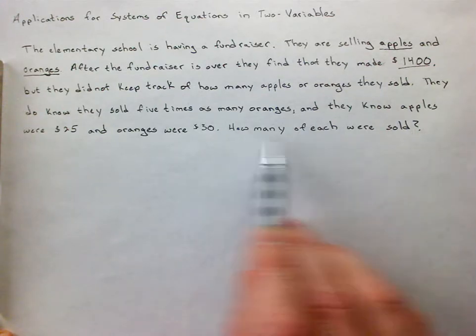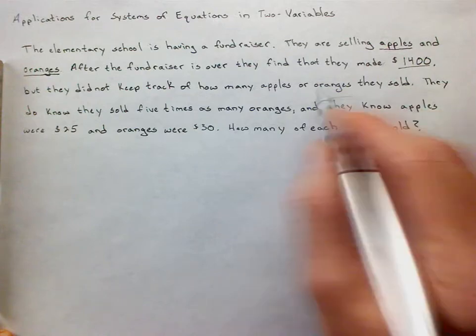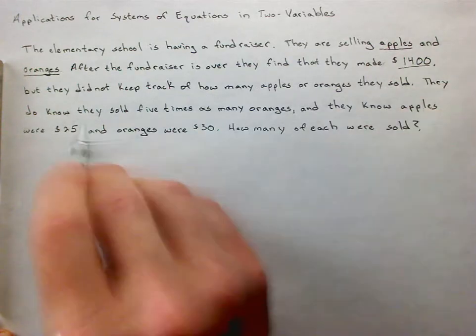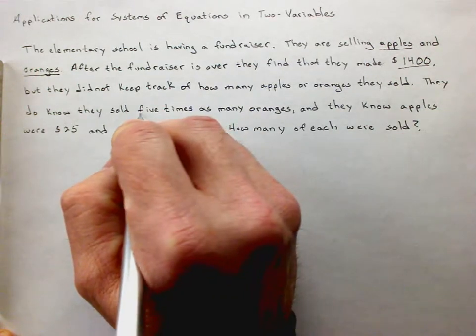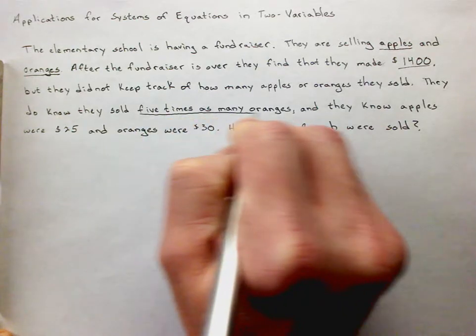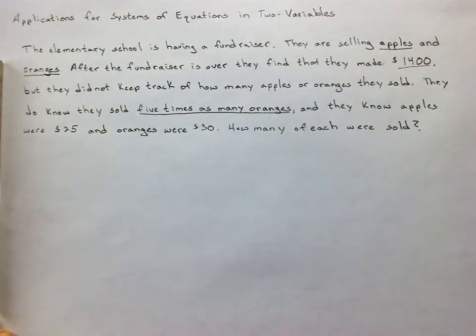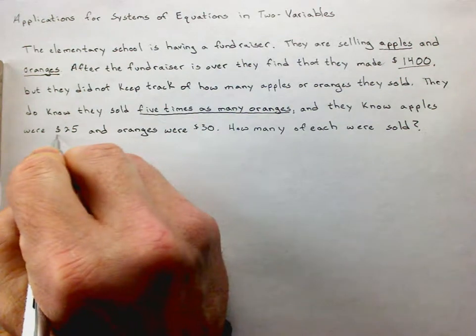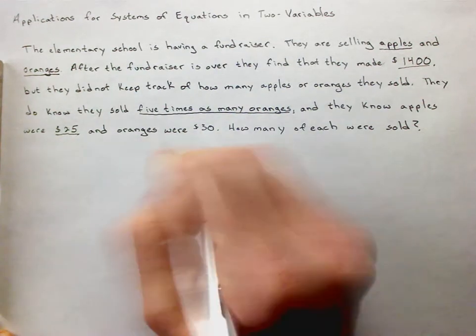So overall what I'm trying to do is find a quantity. So let's see here. We've got apples and oranges again. 5 times as many oranges. And I know apples were $25 and oranges were $30.